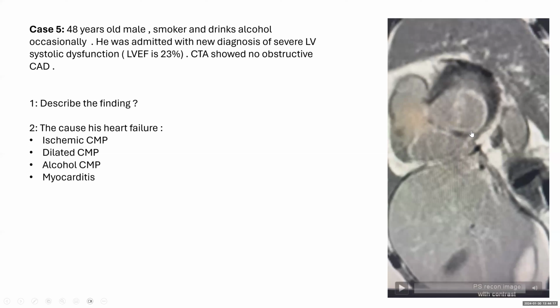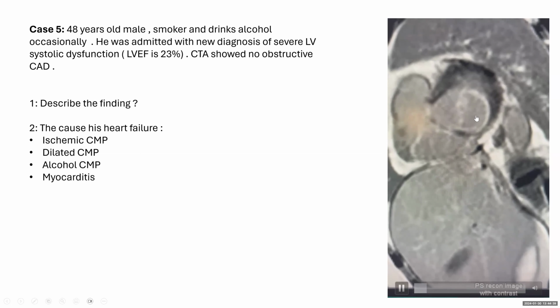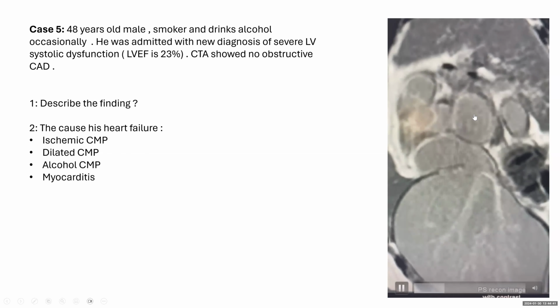So this is the base of the mitral valve leaflet. Guys, do you see my cursor? Now, I'm going to scroll from the base to the apex, looking at the myocardium 10 minutes after injecting the patient with the gadolinium enhancement agent. So we scroll down through the case.